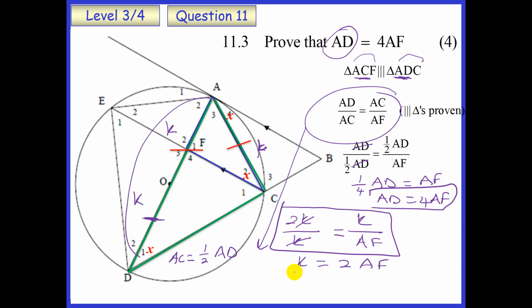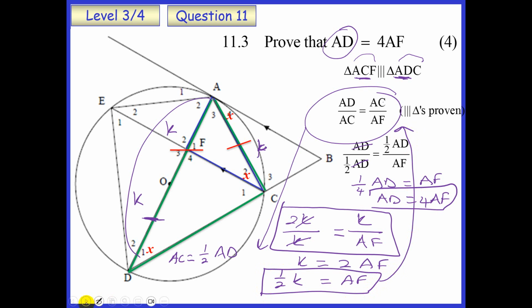I'm saying that K is equal to 2AF, which now solves for AF to be equal to half K. Then you could substitute that in and it would work out. In other words, we could put all the Ks back into the equation and come out with the same answer. So that's another way to look at it.